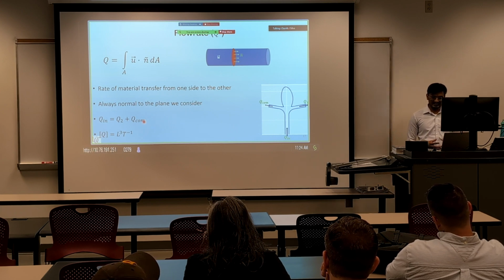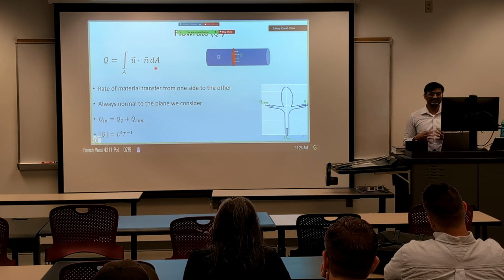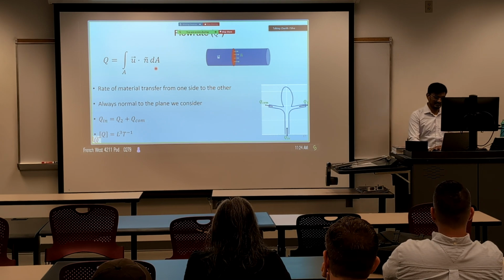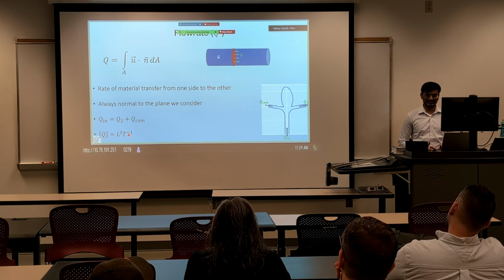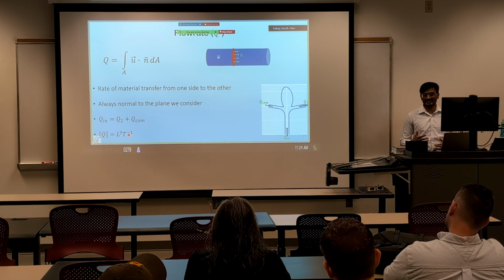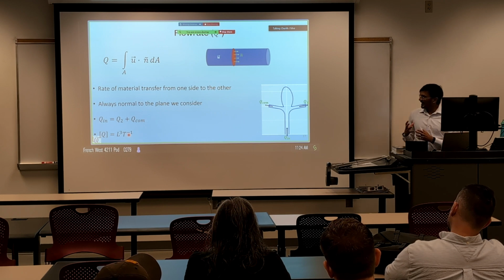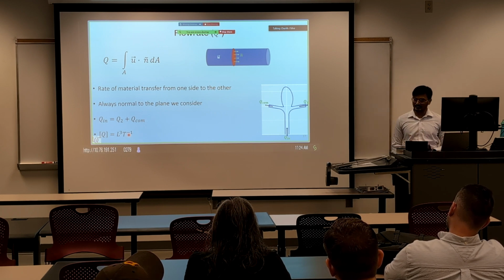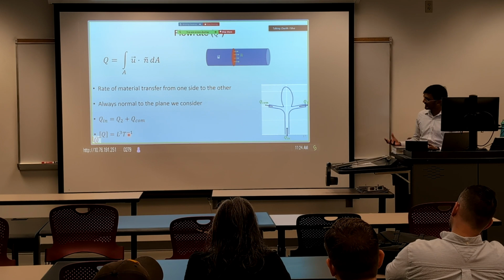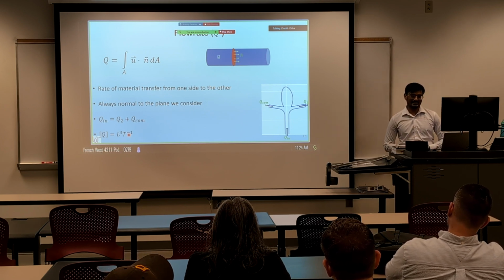But the problem is the flow rate defined like this is a three-dimensional quantity, like milliliters per second. So we had to come up with a way to convert the 3D flow rate into a two-dimensional flow rate.